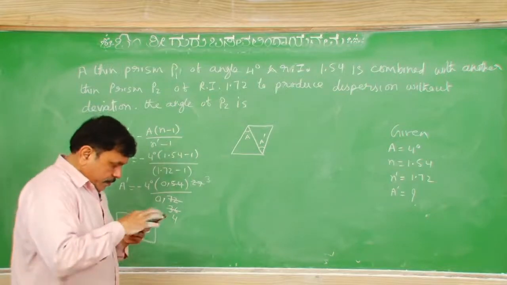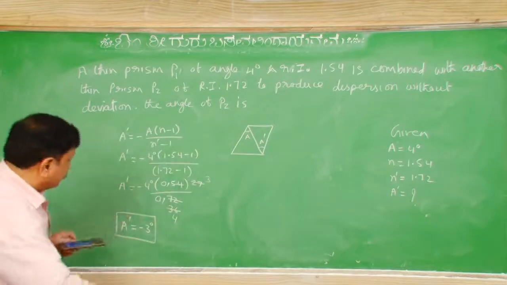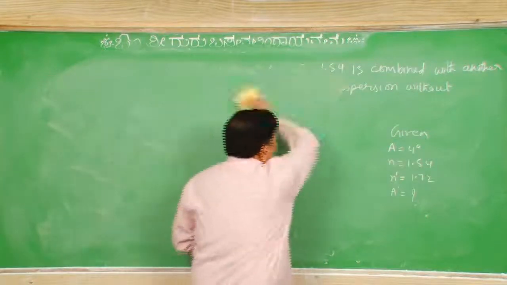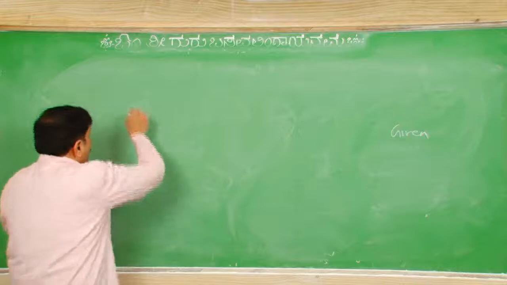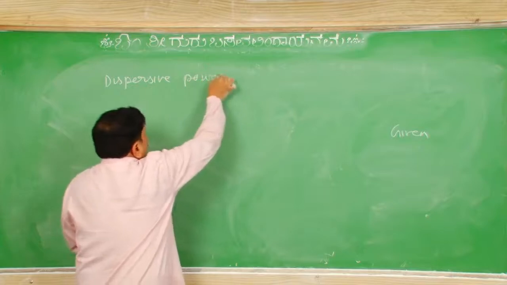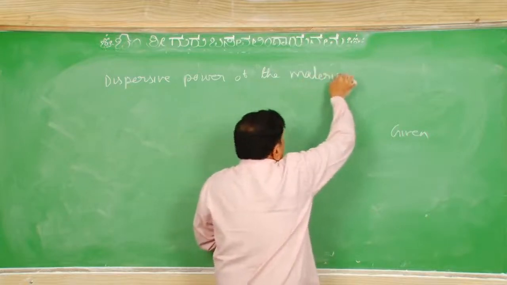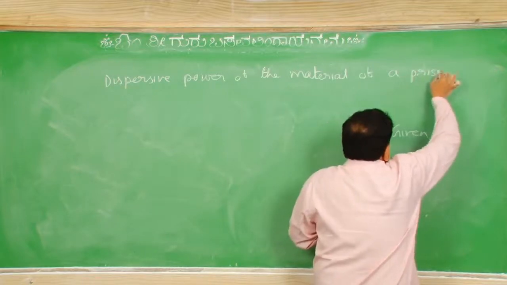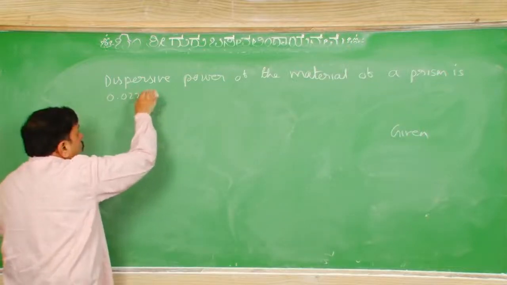Now, the dispersive power of the material of a prism is 0.0221.